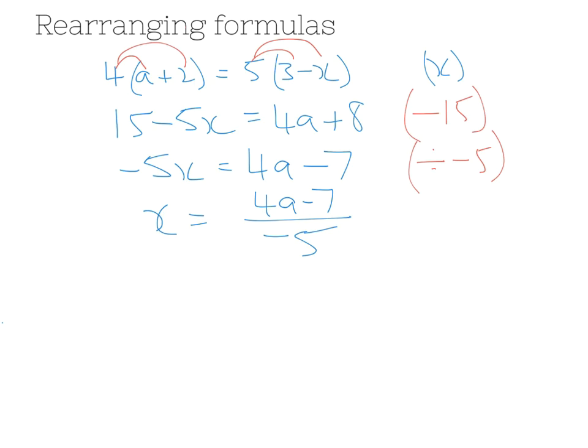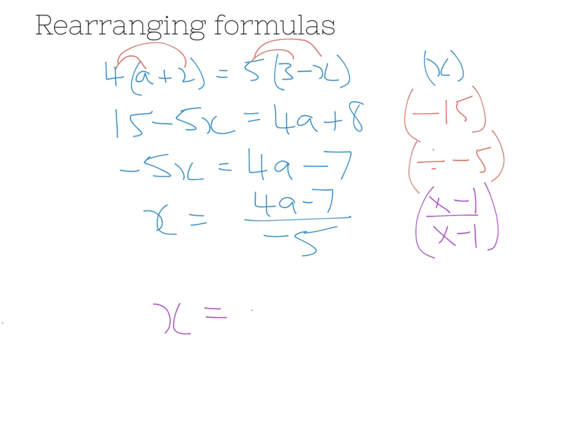A further step we can now do is to remove this negative sign from in the denominator. We prefer not to have that negative sign there. So one way we can do that is now to multiply the top and the bottom by negative 1. So what we're doing is keeping the value the same. We're going to change the signs in the top and the bottom. We're just doing this to the right hand side.